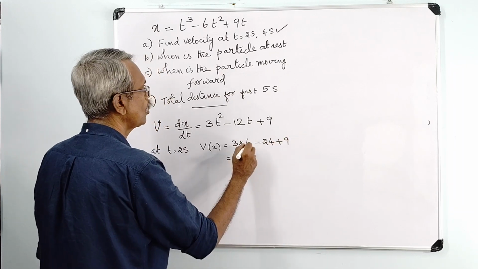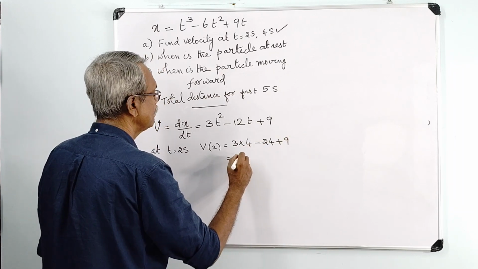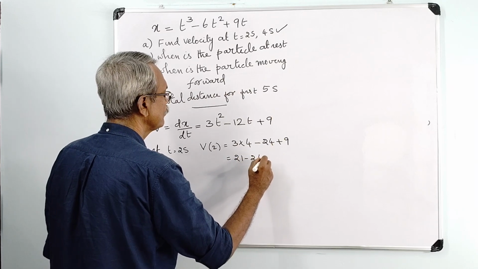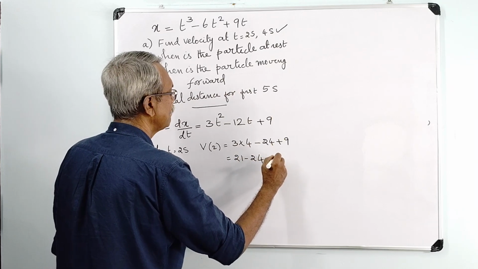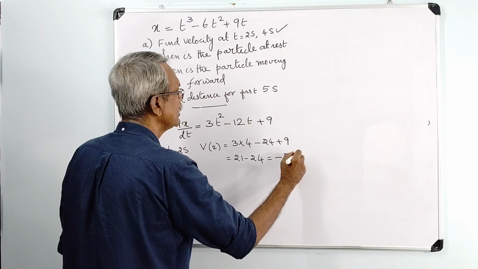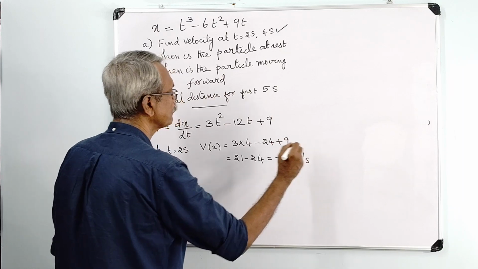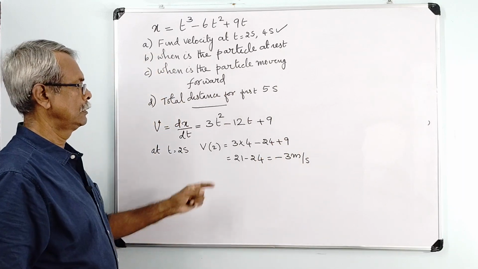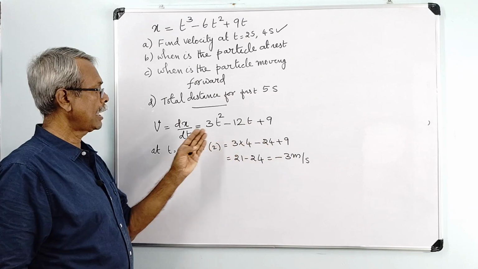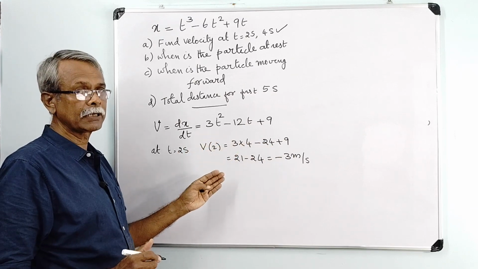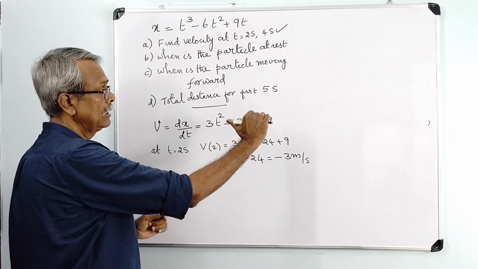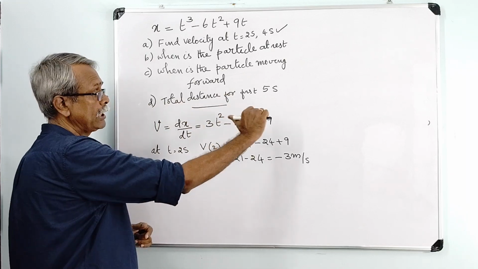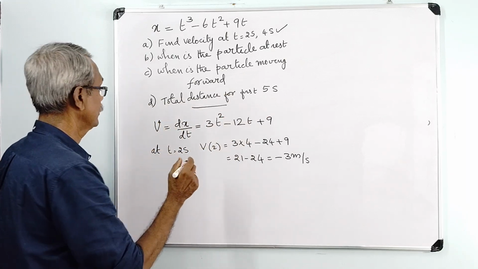That is 12 plus 9, 21, minus 24, that is minus 3 meter per second. Therefore, at 2 seconds, the particle moves in the left direction or in the backward direction.